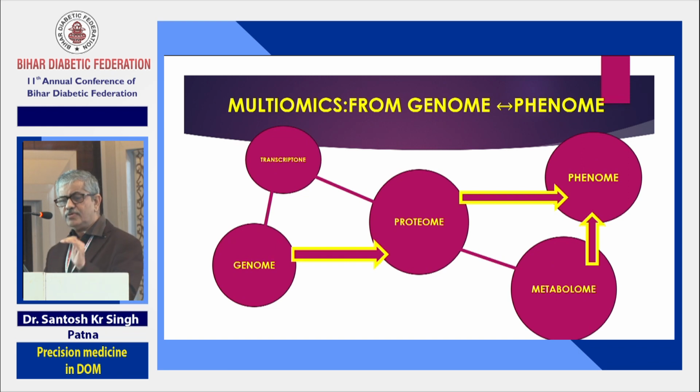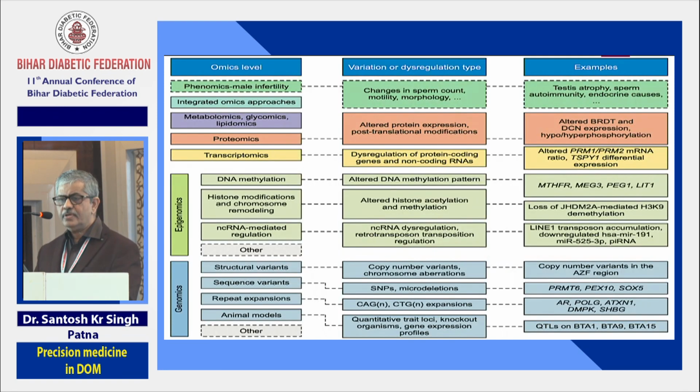Okay, the transcriptome, the genome, proteome, metabolome, and ultimately the phenome which we are dealing with when we are talking of this. And this is an example when we are dealing with patients with infertility. And look at the levels which are there. Starting at the top end is the clinical part, patients with male infertility, and the sperm count is deranged.